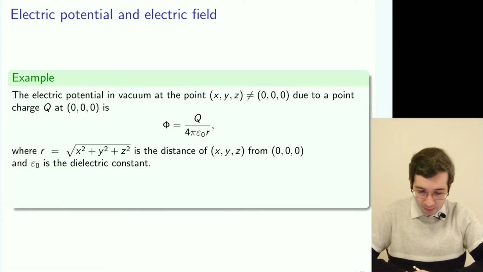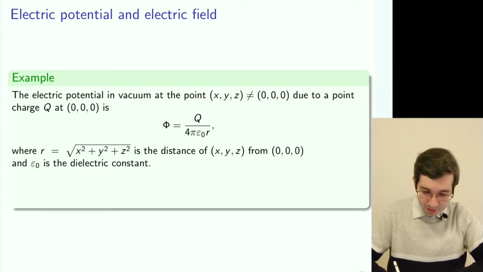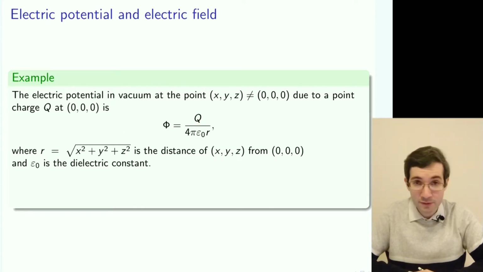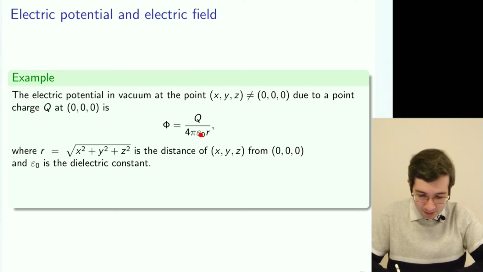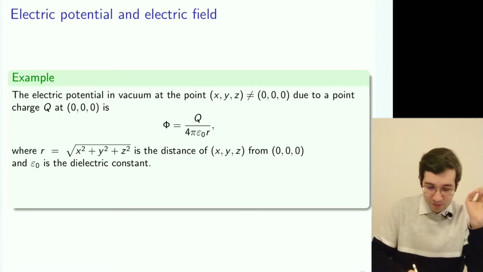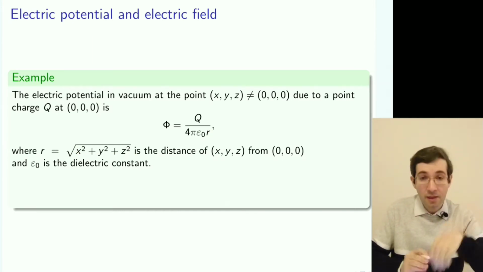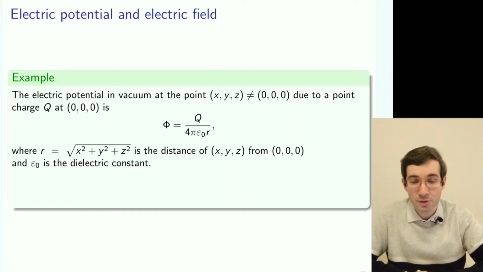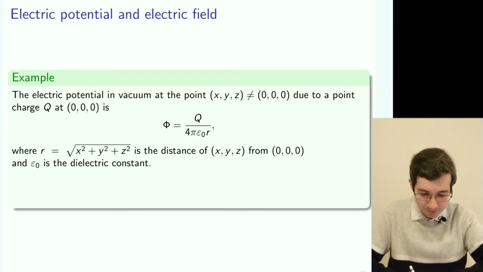And here the Q is the value of this charge, and the epsilon naught is some electric constant, and r is the distance from the origin, which is defined as what's called Euclidean distance. So it grows as you move forward.